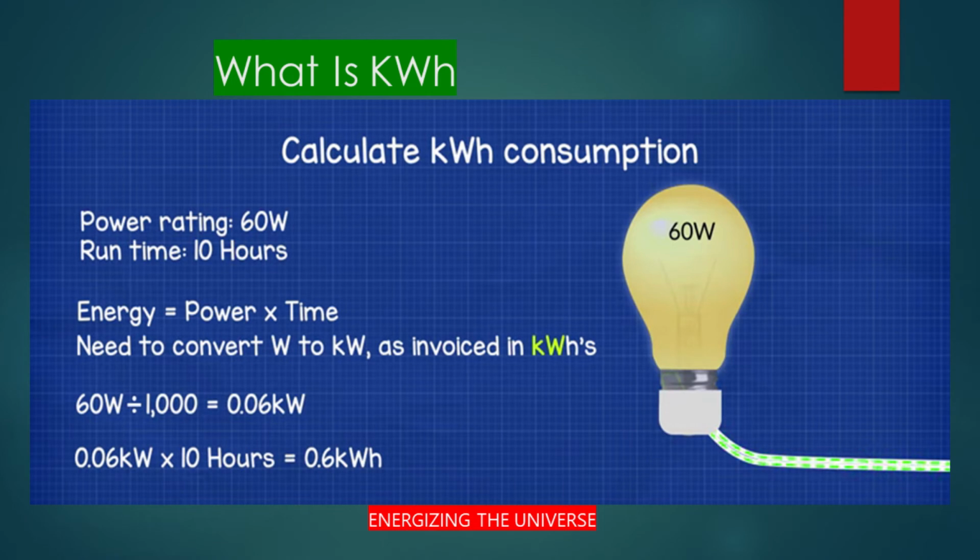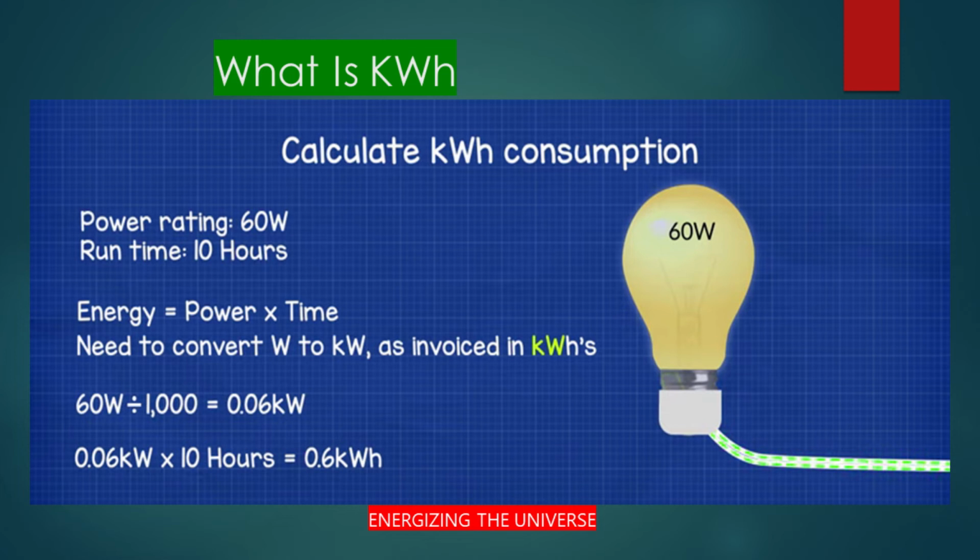How about small items like bulbs rated in watts? Let's say we have a bulb rated at 60 watts. Let's say it has a runtime of 10 hours. Here we are considering a security light bulb. So energy, we know, is power times time. And we need to convert the watts to kilowatts as invoiced in kilowatt hour.